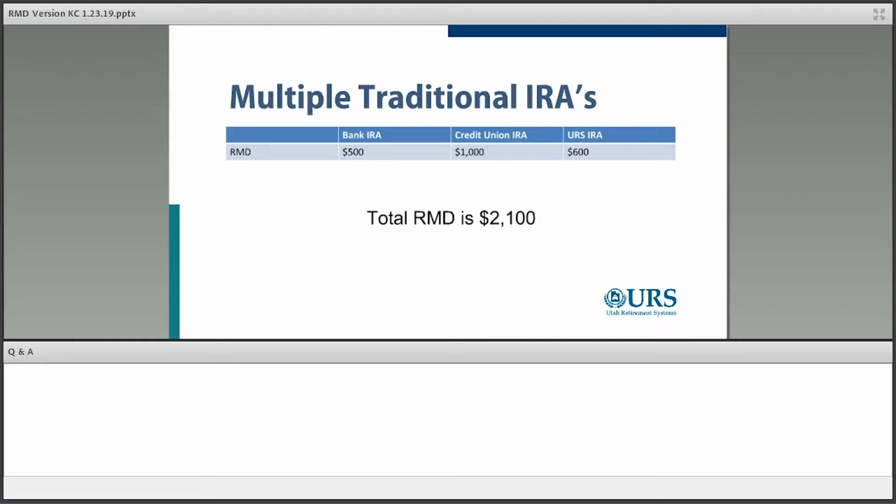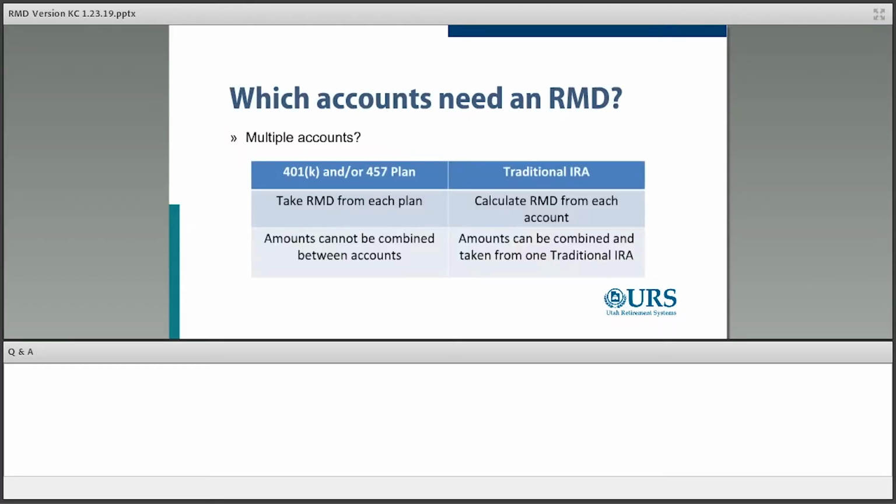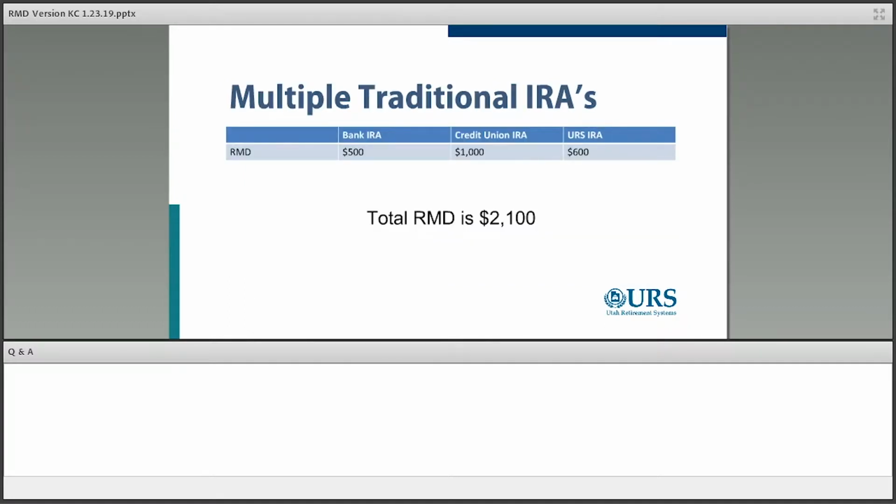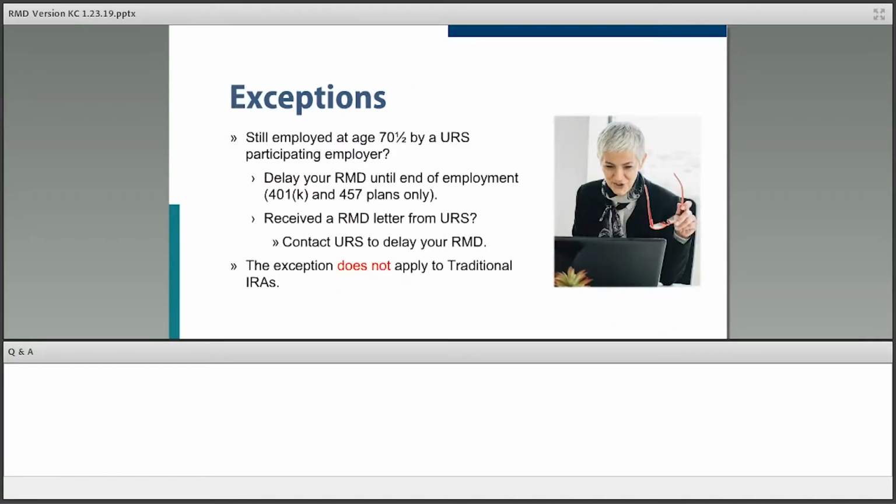Now remember, this combining, if I go back to the prior slide, can only be done with traditional IRA accounts. The 401k and 457 accounts, you must take separate minimum distributions from each of those. So those are the accounts that they're required from and how those withdrawals must be taken.